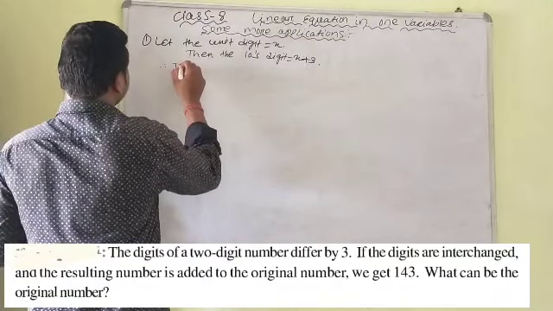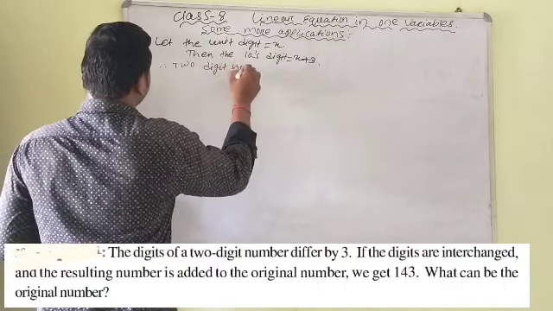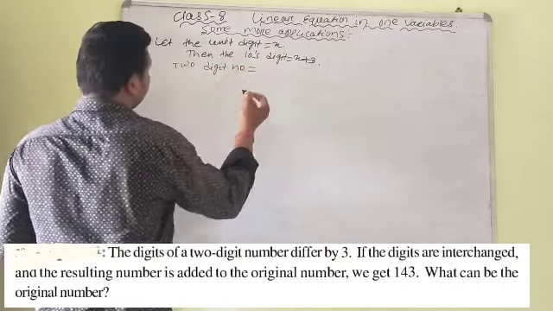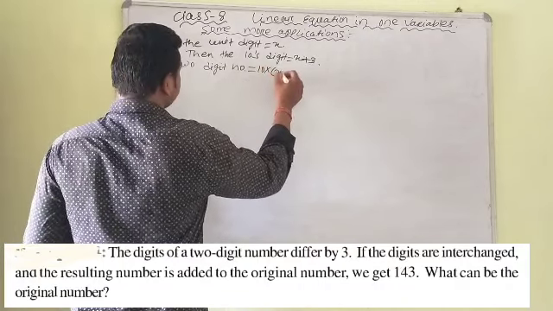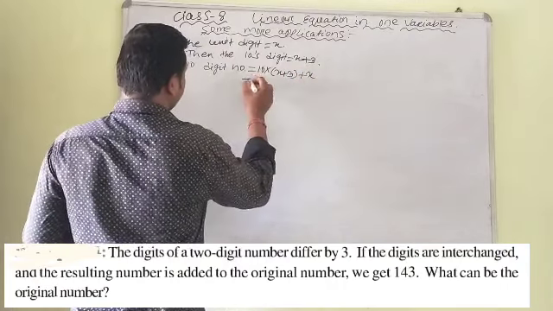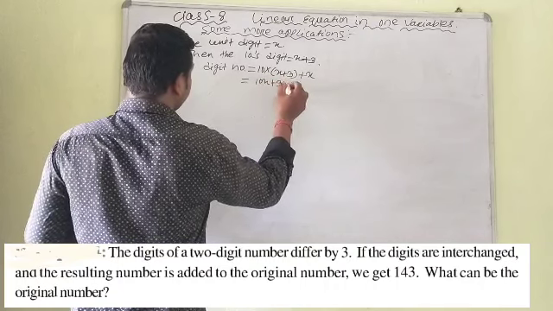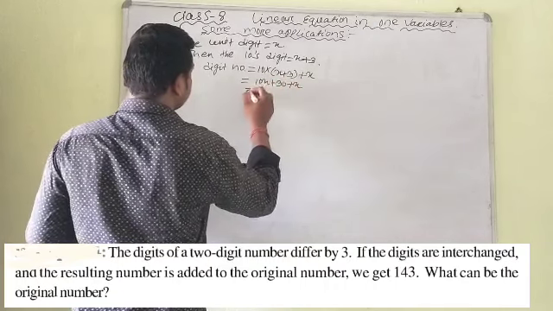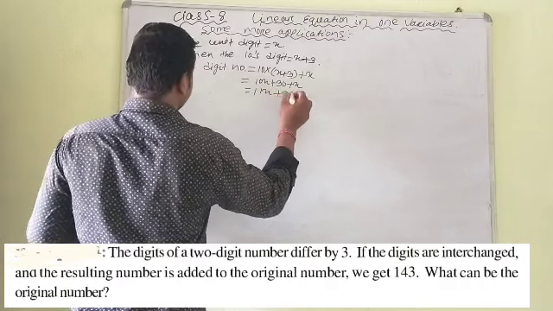Therefore the two digit number is equal to 10 into tens digit, that is x plus 3, plus unit digit. Now we will simplify it, that is 10x plus 30 plus x, which is equal to 11x plus 30.